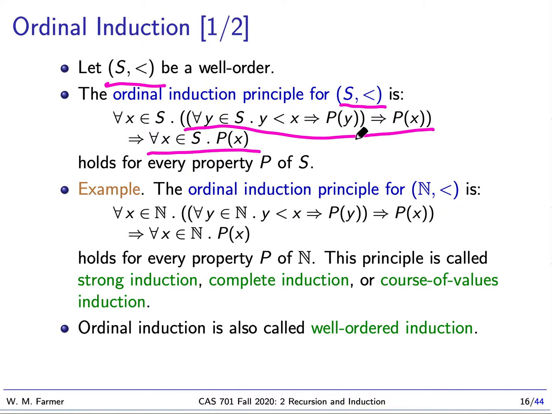So this is the ordinal induction principle for a well order, and it turns out the ordinal induction principle for the natural numbers is this principle. It says for all natural numbers x, if we can show that if the property of y holds for all y less than x, then that always implies the property of x holds, then that shows that the property of x holds for all x.